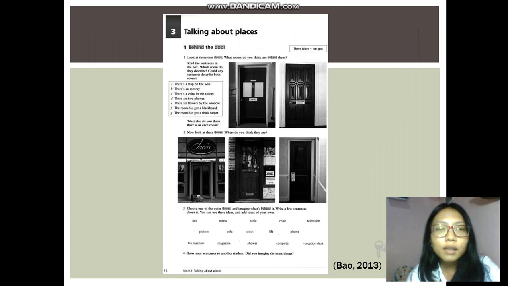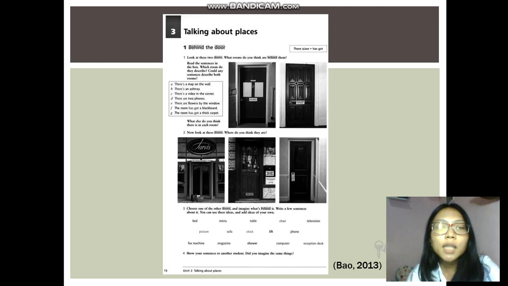This is the other example from Bao 2013. It's about describing an object as well. But in this material, the learners look at a picture of five different doors and imagine the rooms behind them.